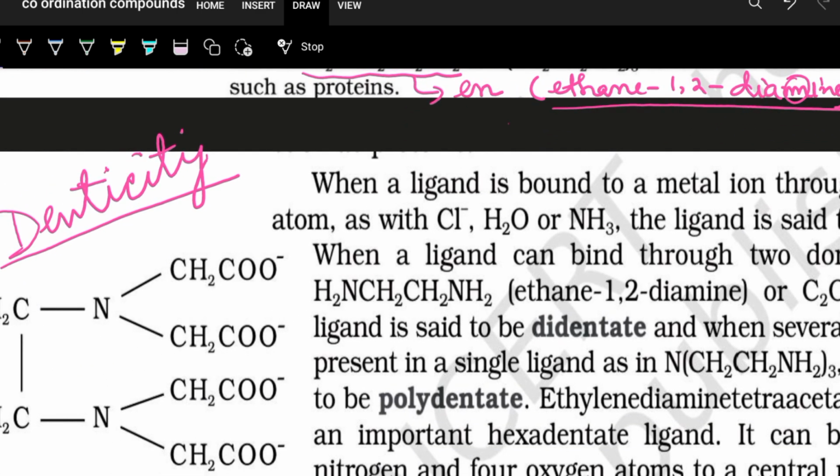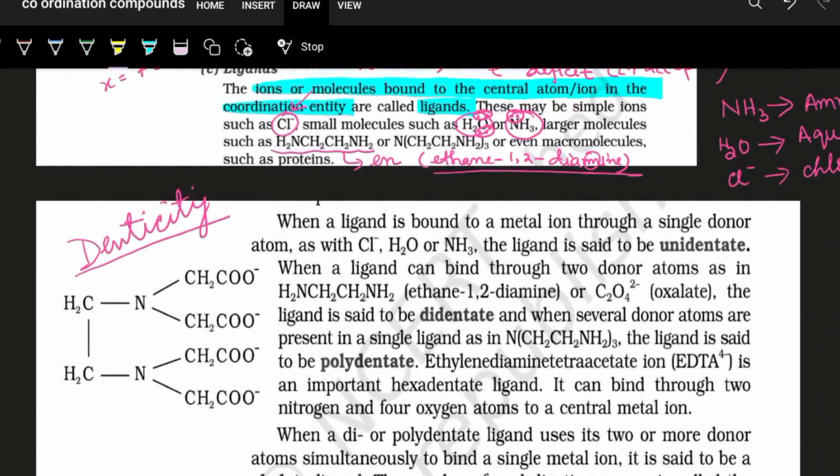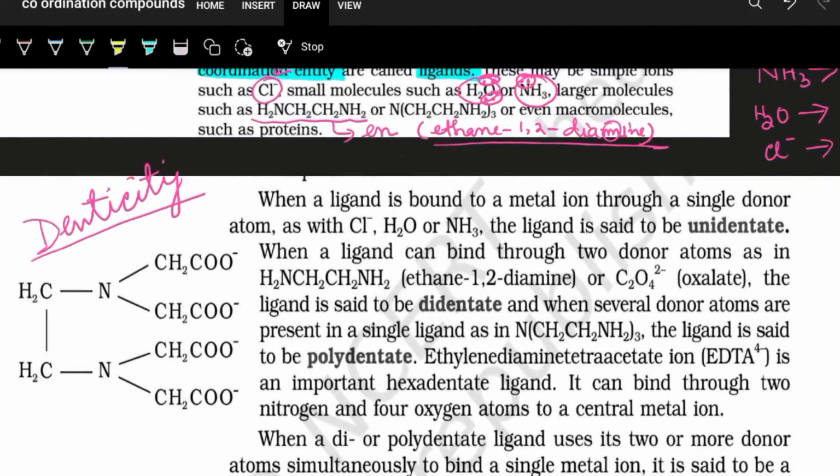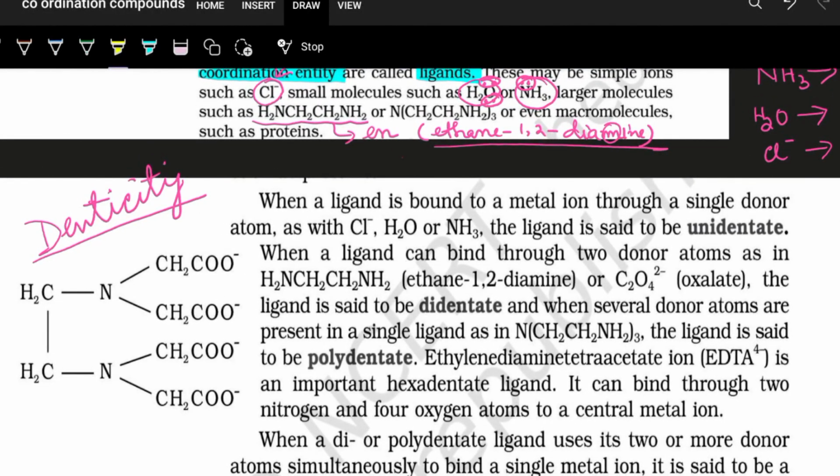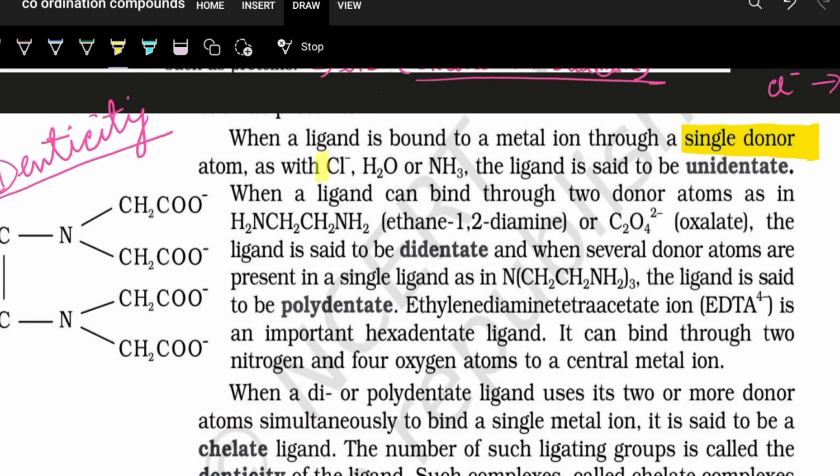Now, denticity of ligand means how many bonds the ligand is able to form with the central metal atom or ion. Or we can say how many donor sites, donor atoms are there in the ligand. So when a ligand is bound to the central metal atom by a single donor, there is only one donor: Cl minus has only Cl.